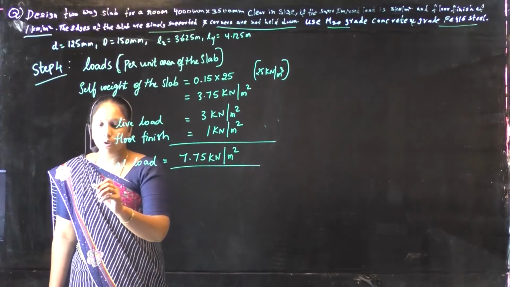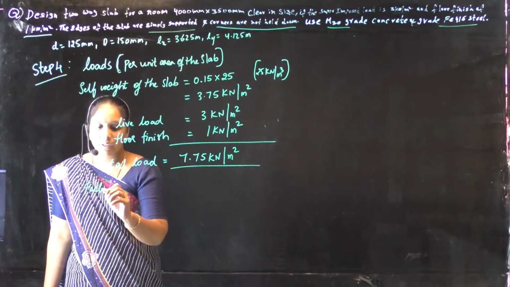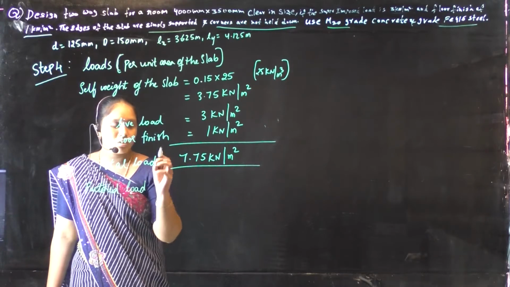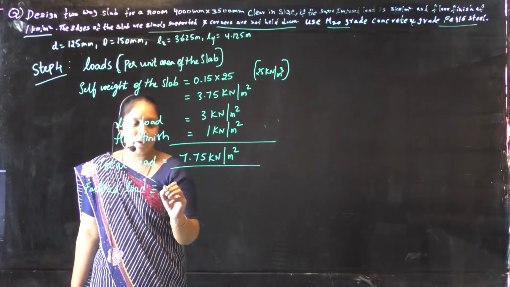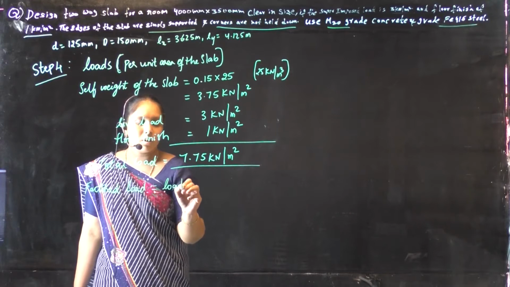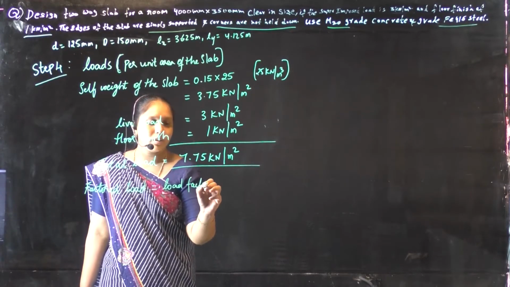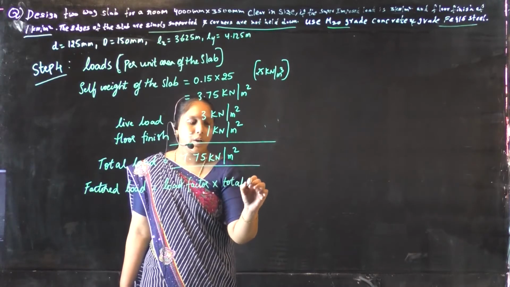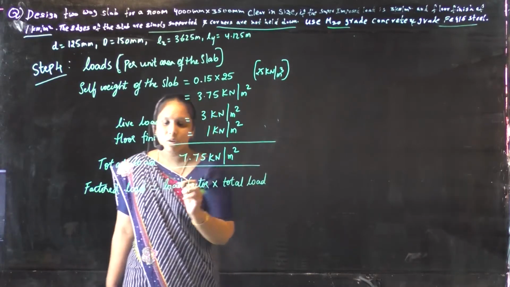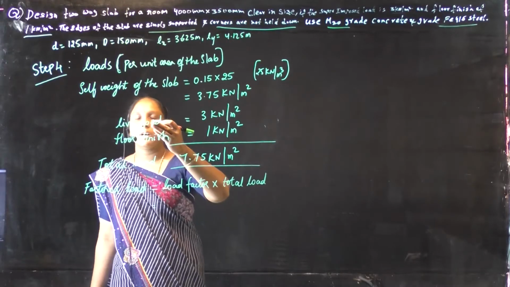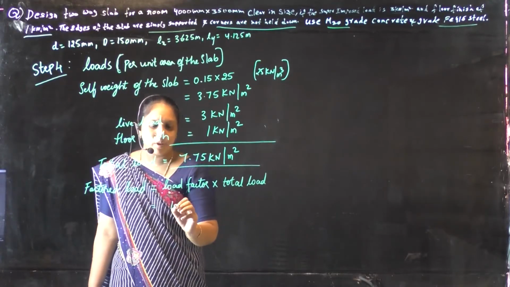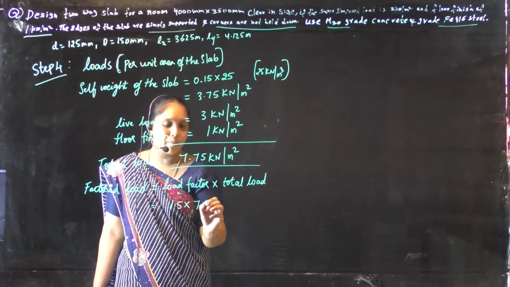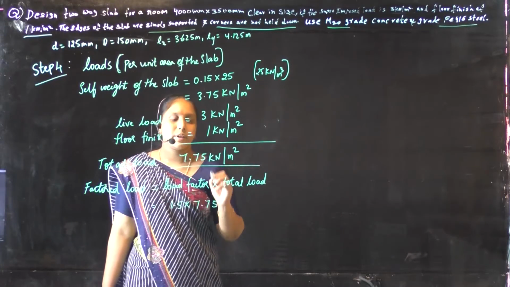So now let us find out the factored load. The factored load will be some load factor into the total load. Here, as we have a live load, the load factor will be 1.5 into a total load of 7.75.